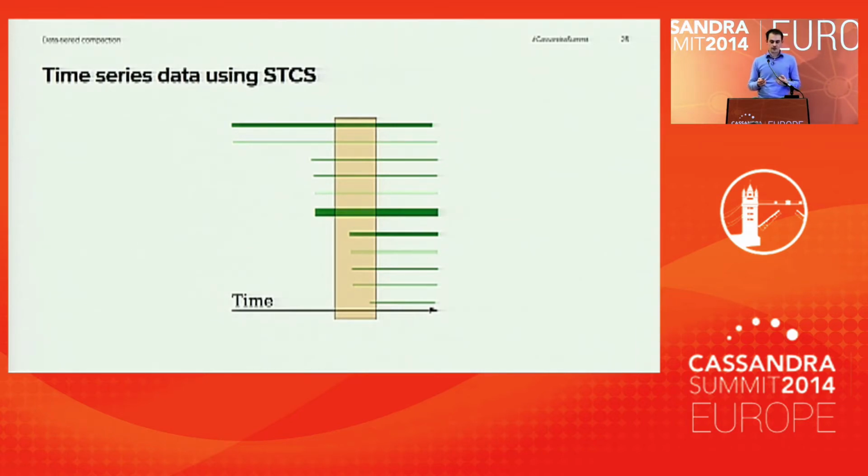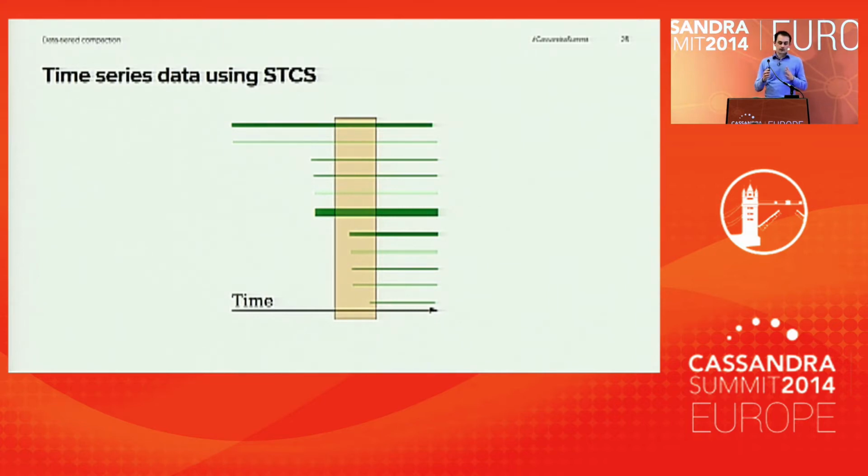The problem with size-tiered compaction is that when it compacts, it doesn't take into account the minimum and maximum timestamps. It picks SSTables based on file size. So you can get a real mix of old and new data, and you can end up in a situation like this. This is taken from one of our clusters in a sample run.